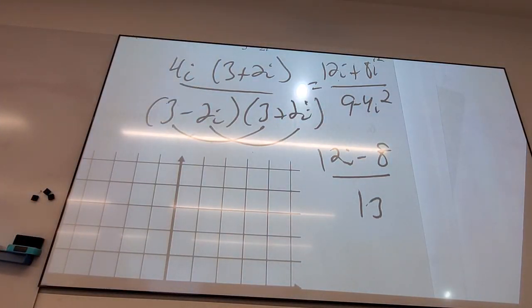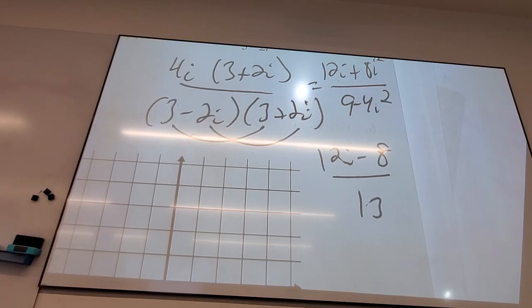Does somebody remember the general form of a complex number? Is 3 plus 2i a complex number? Yes, why? It's got an imaginary part, and it's got a real part.